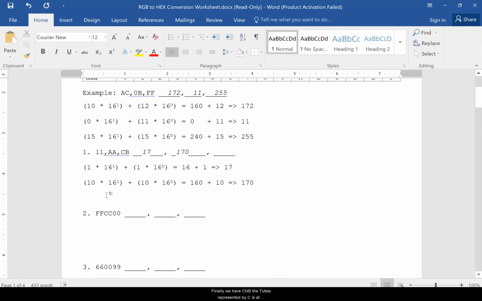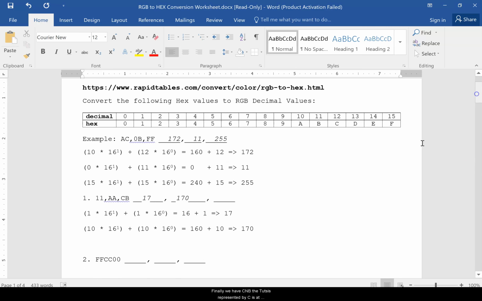And finally, we have C and B. Let's see what C is represented by. C is a 12. So we've got 12 times 16 to the first power, plus, and then what's B?